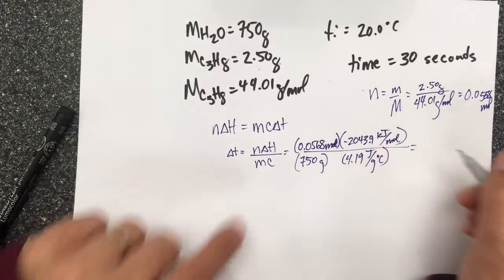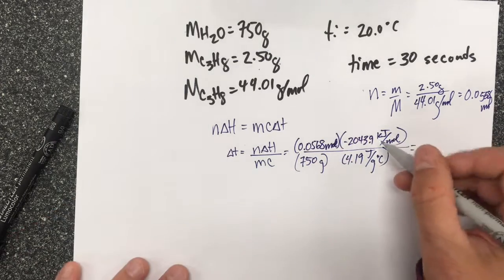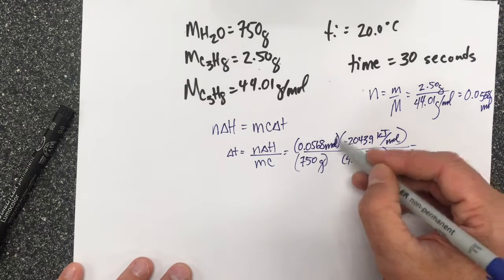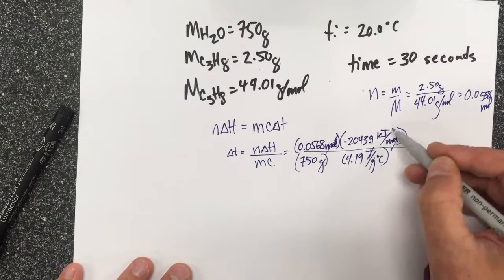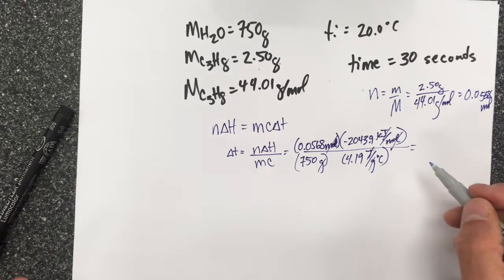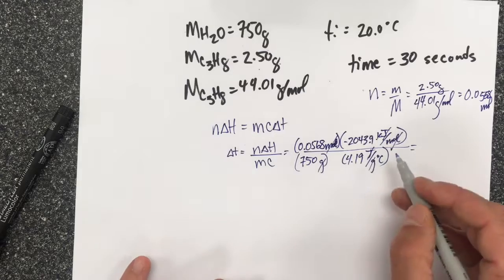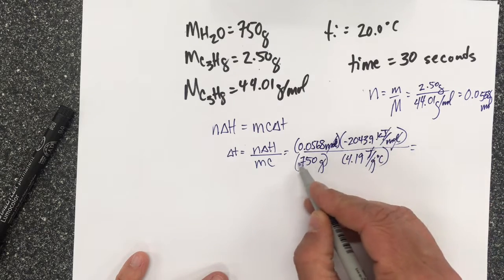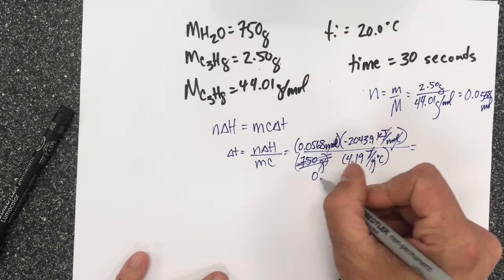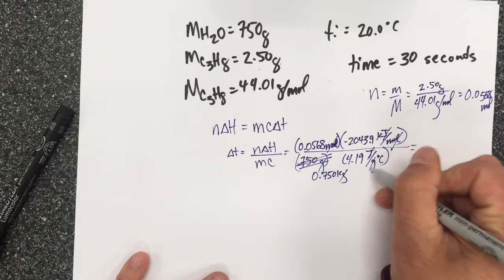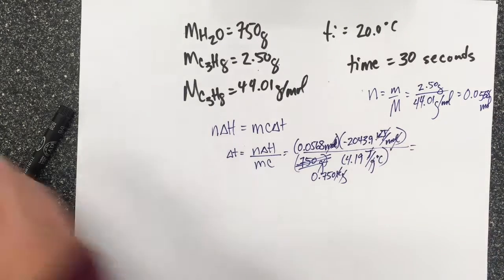Now, when I'm sorting this out, you'll see that my grams cancel and my moles cancel and my joules cancel, but this gives me kilo degrees Celsius. So I either need to convert this to joules per mole, or I could instead make this 0.750 kilograms. My grams still cancel out, but then my kilos do as well.